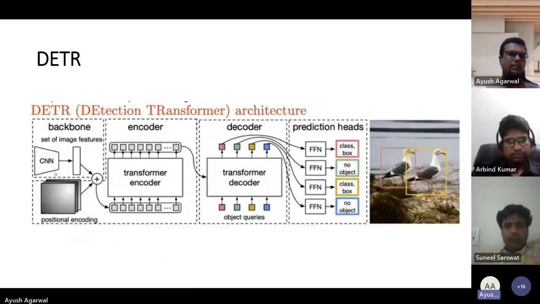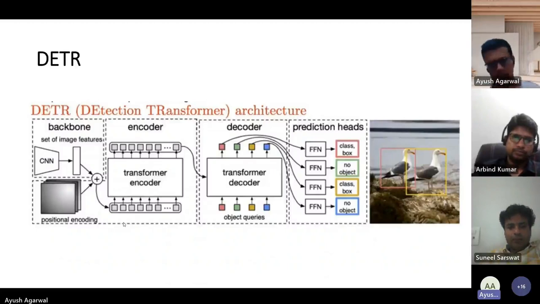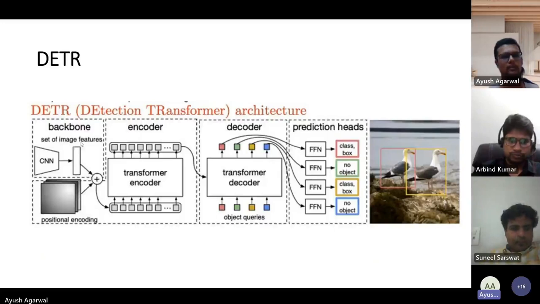Rather than doing that, in this you first pass the image through CNNs and get a set of image features. After that, things are pretty much the same. So the input to the encoder is different in ViT and DETR. In this, you are inputting image features, but in ViT, you are inputting the patches of an image. That is the difference essentially.